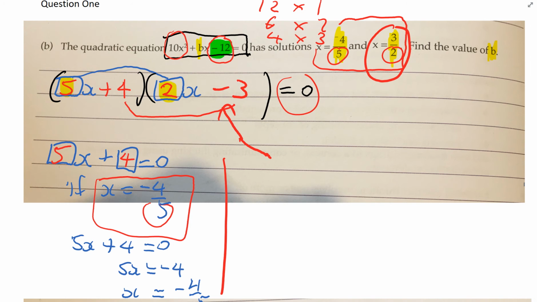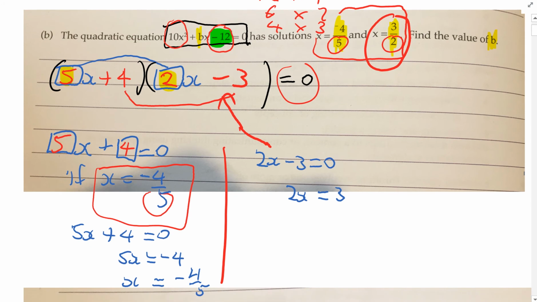So let's try that. 2x minus 3 equals 0. We want to solve for x. We want it to be 3 over 2. Adding 3 to both sides, we get 2x equals 3. Dividing both sides by 2, we get x equals, sure enough, 3 over 2. Which is what we wanted, so that works as well.